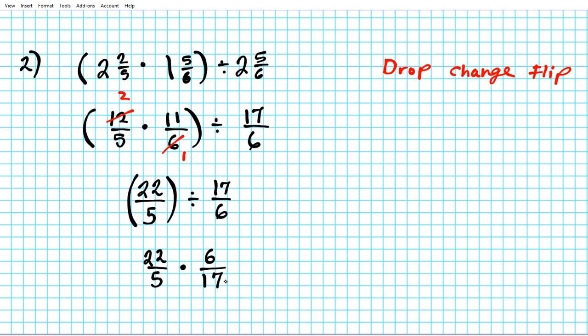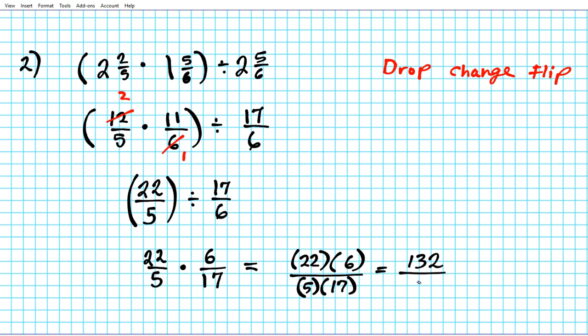So since nothing reduces, we just simply multiply numerator times numerator, over denominator times denominator. This is how you multiply fractions. 22 times 6 is 132. You just add 12 to 120.